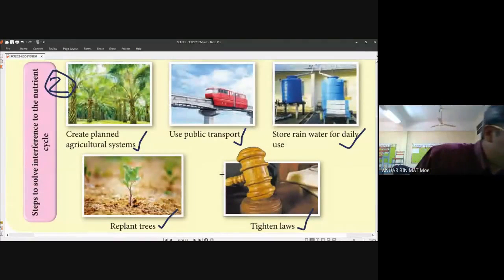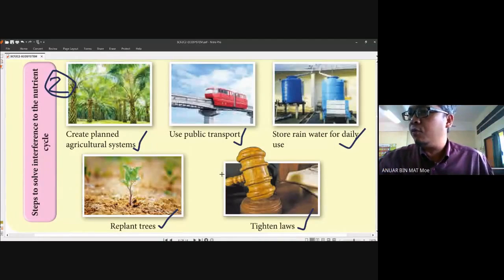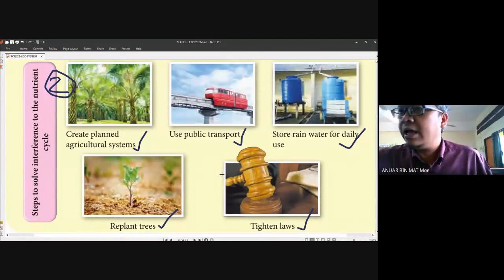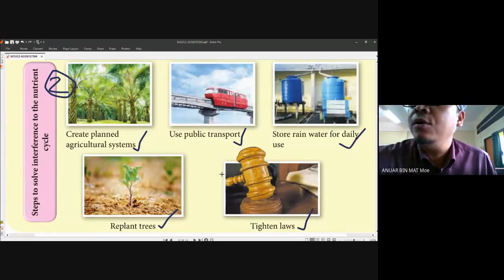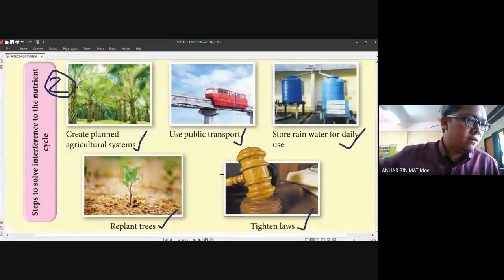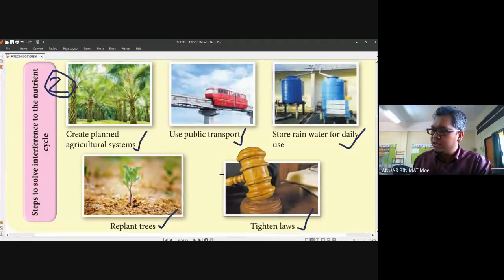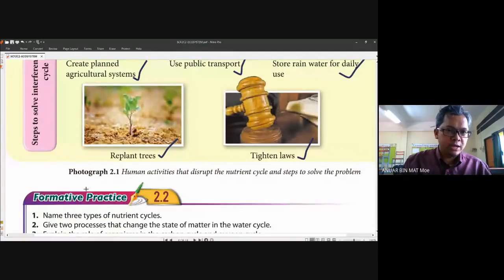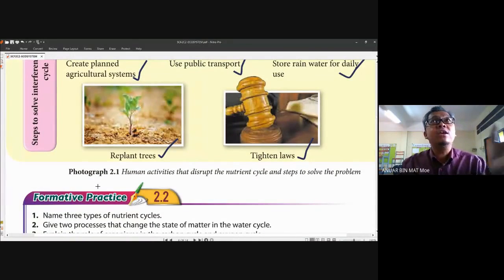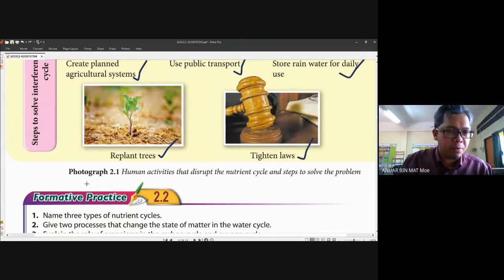Okay, now it's 11:23. We stop right on time. So for your work, okay, very good, Wei Xiang. Thank you very much. This is your homework. Open your textbook, and as usual, after we finish each subtopic, you need to do formative practice, right?